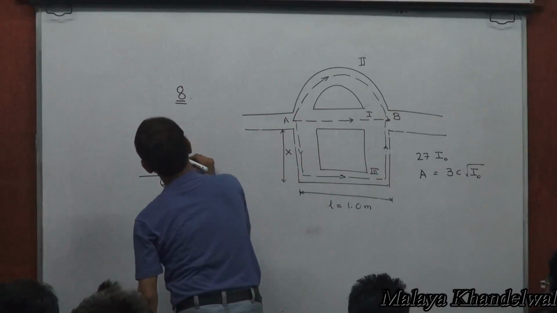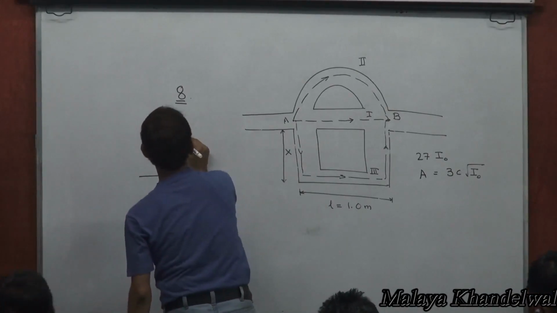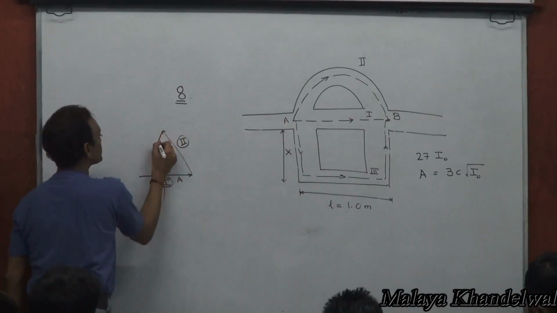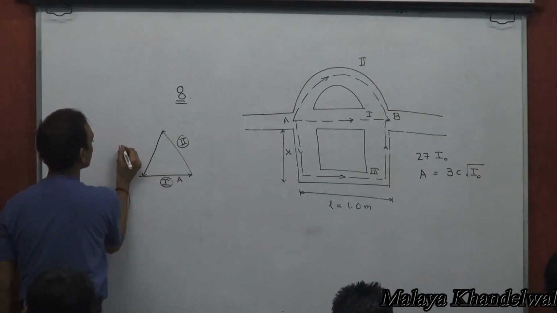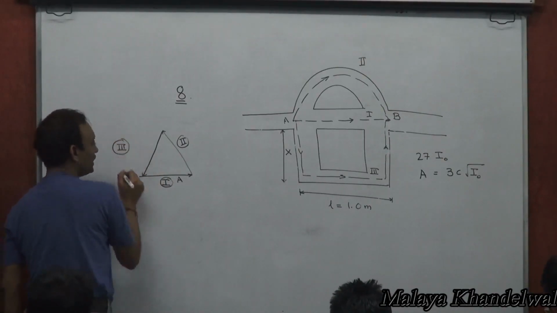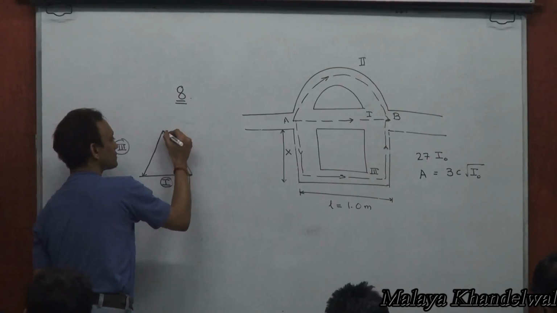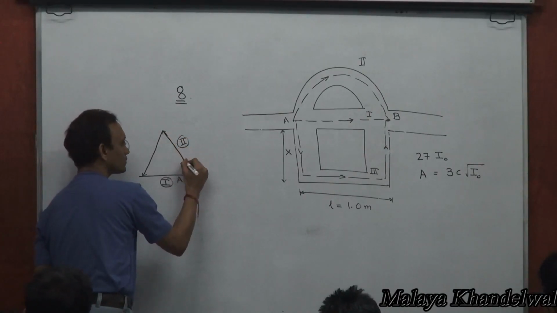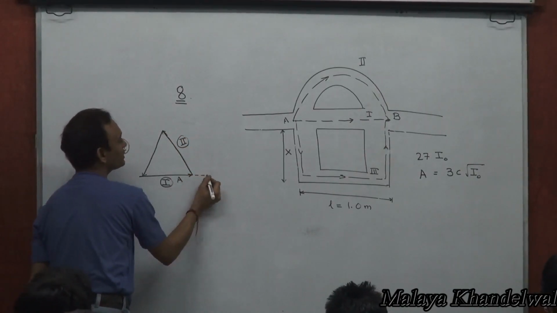Disturbance 2 would be like this, and disturbance 3 would be like this. And the three disturbances constitute sides of an equilateral triangle.